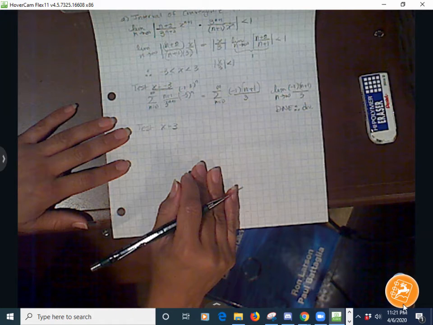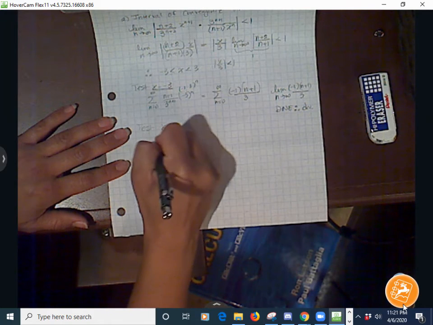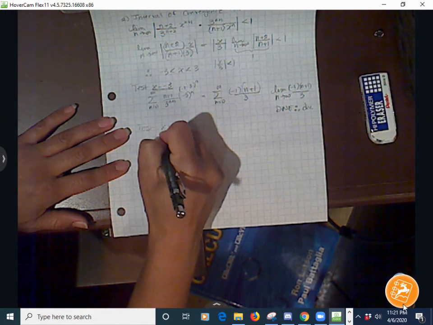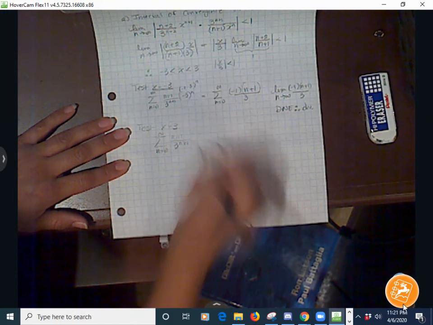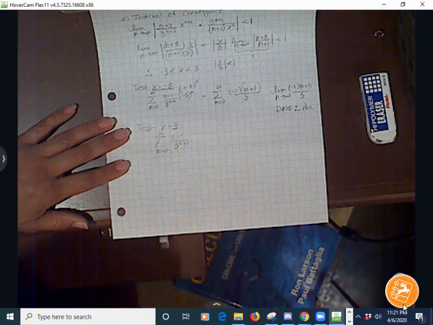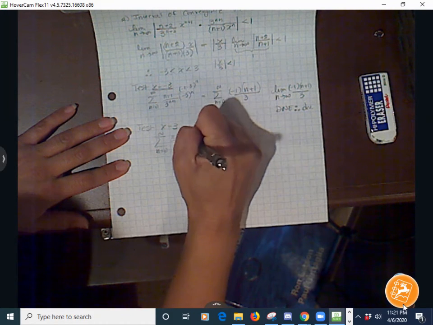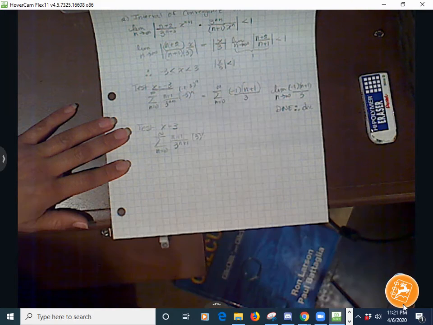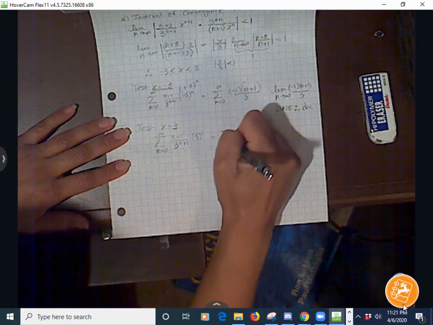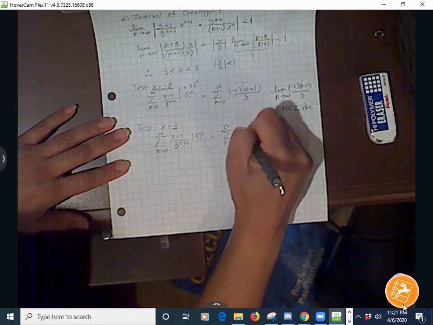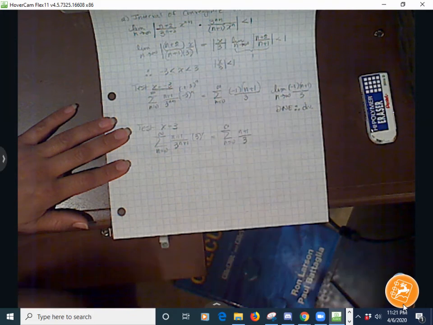So if I put in x equal to 3, then I have the sum n equal to 0 to infinity of n plus 1 divided by 3 to the n plus 1. And this time we're putting 3 in for x. So it's going to be 3 to the n. And so what happens? That's going to reduce down to the sum n equal to 0 to infinity of n plus 1 divided by 3.